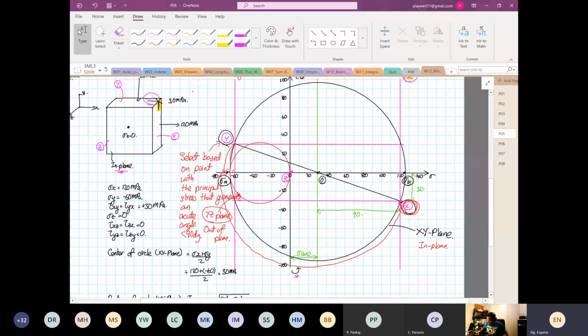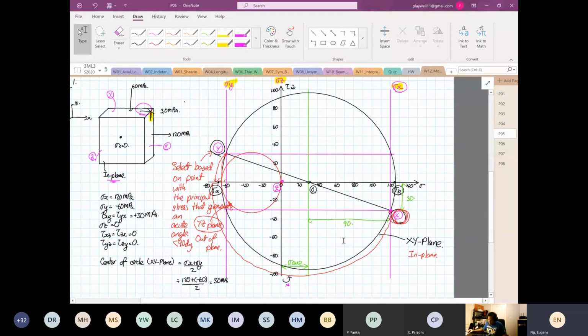And then the other circle that I'm going to draw now is 60, so it's going to be 60 a bit below. All right, so this one will be known as your XZ plane, and it's going to be your out of plane.